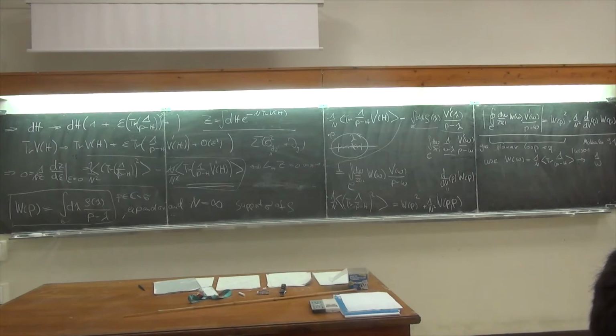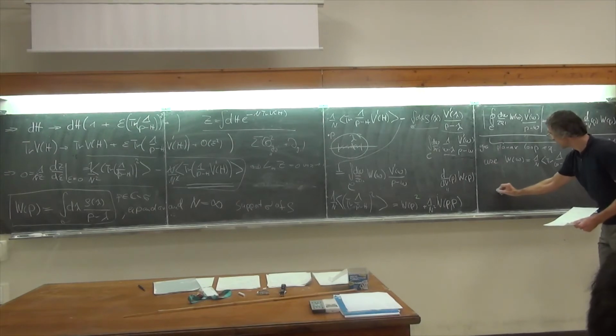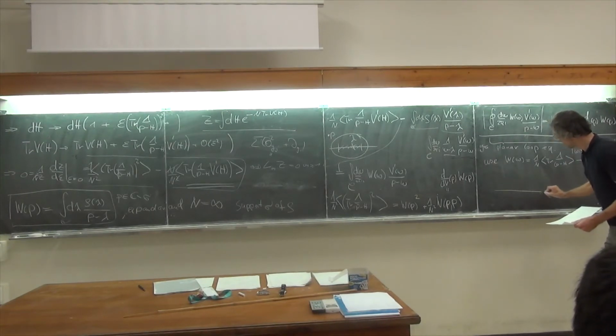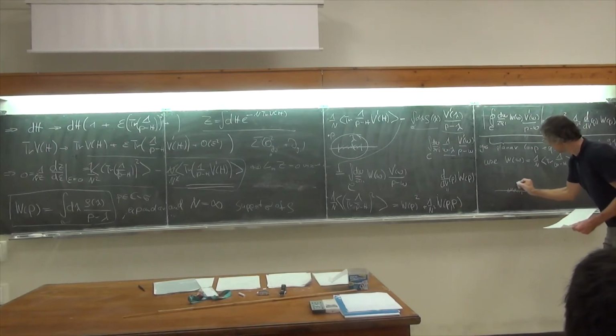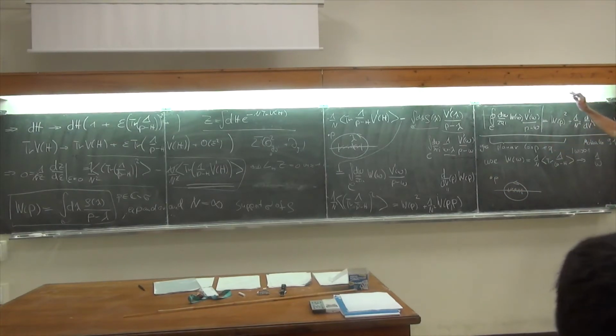So let me make a drawing maybe. Here we have the eigenvalues sitting. Here we have our contour. Then we have our P here. And then far out we have infinity.